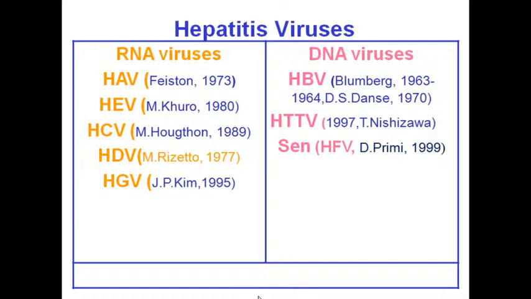Here you can see a table of the hepatitis viruses known or discovered by now. And here we have RNA viruses and DNA viruses. The only really very common DNA virus is hepatitis B virus, found by Blumberg in 1963-64 and then described by Dane in 1970.